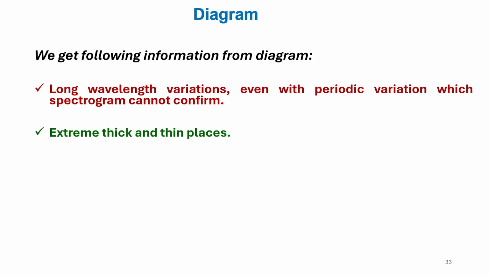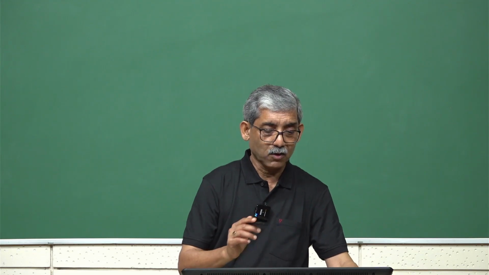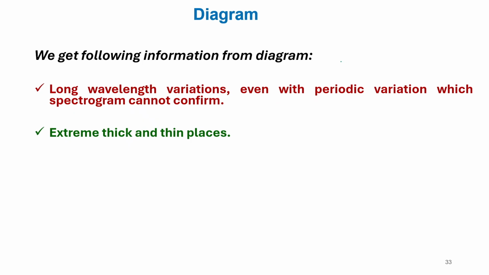Extreme thick and thin places the spectrogram will definitely not be able to identify, because it is not a periodic fault. Suppose in the draw frame or the roving frame, a sliver split happened, or in the draw frame a double sliver has come.